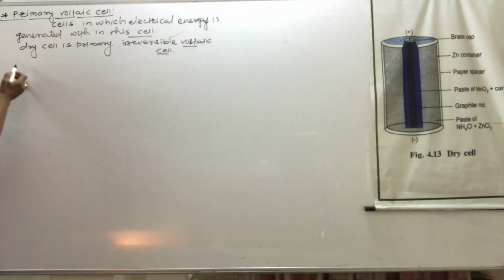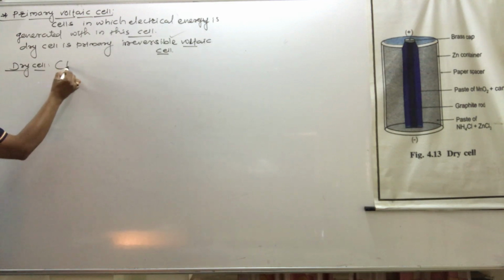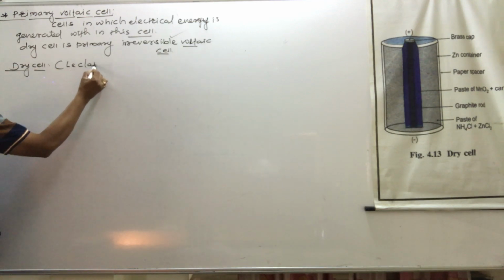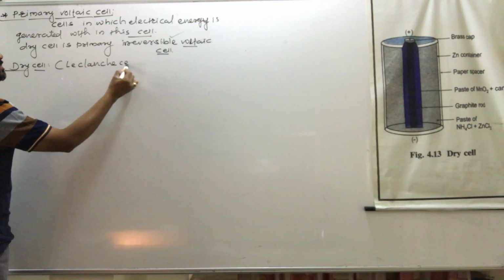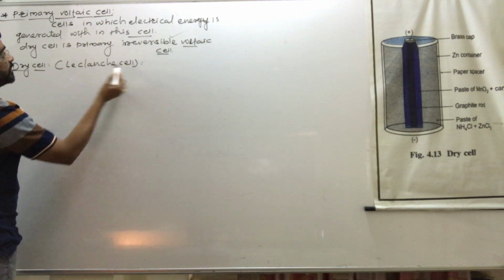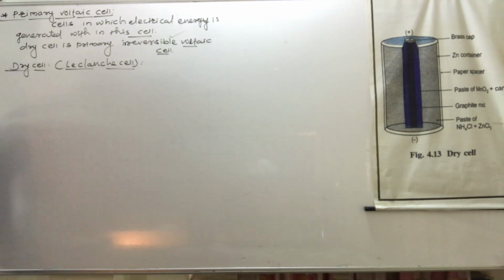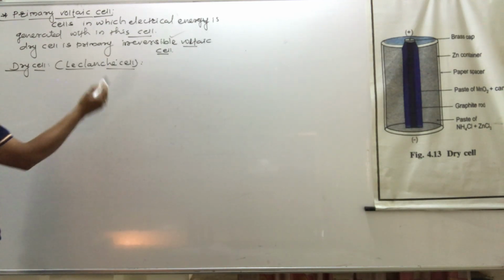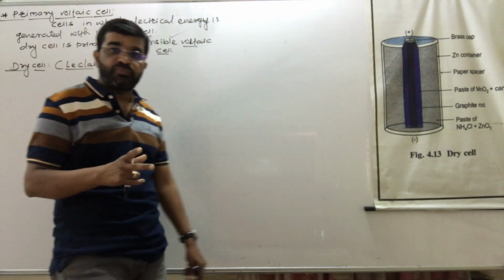Now we have to study the dry cell in detail. The dry cell, or the Leclanche cell. Why is it called the Leclanche cell? It is a modified Leclanche cell.